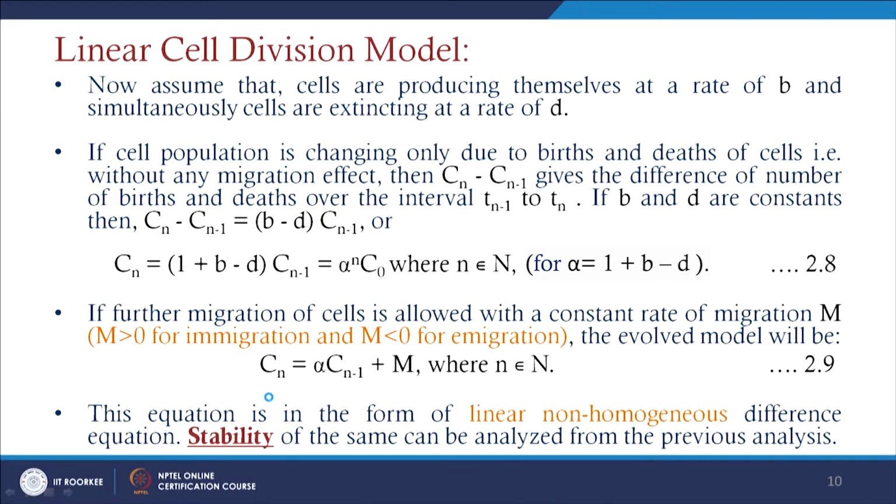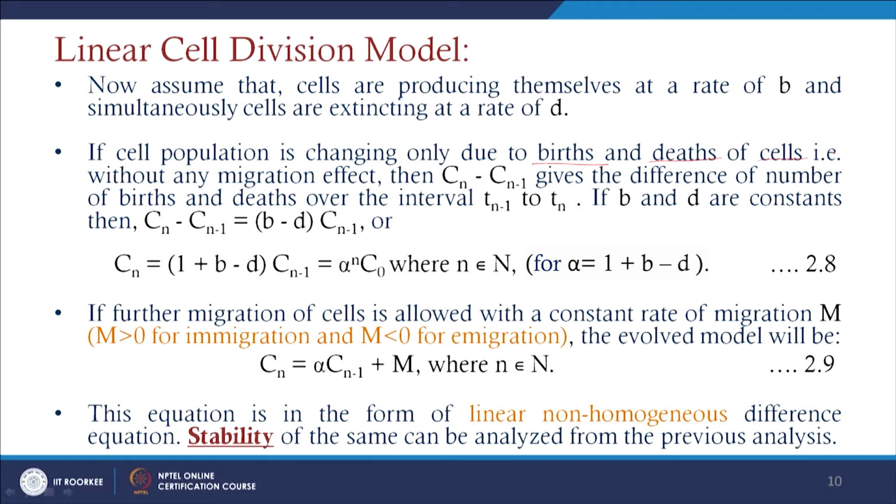Now in this model, assume that cells are reproducing at a rate of b and simultaneously cells are dying at a rate of d. The cell population is changing only due to births and deaths of cells, that is, without any migration effect.